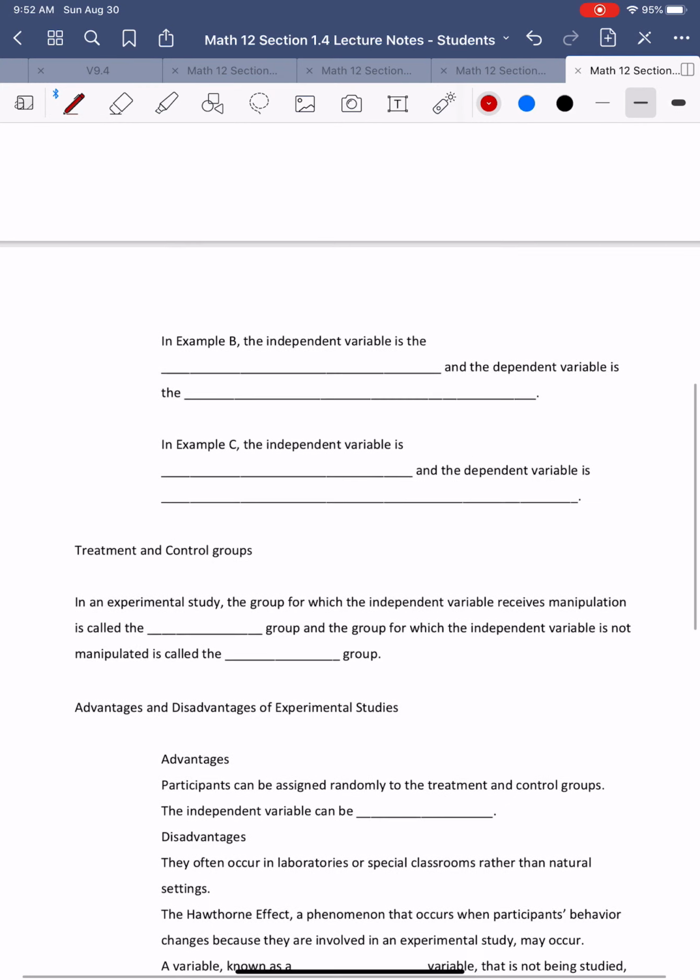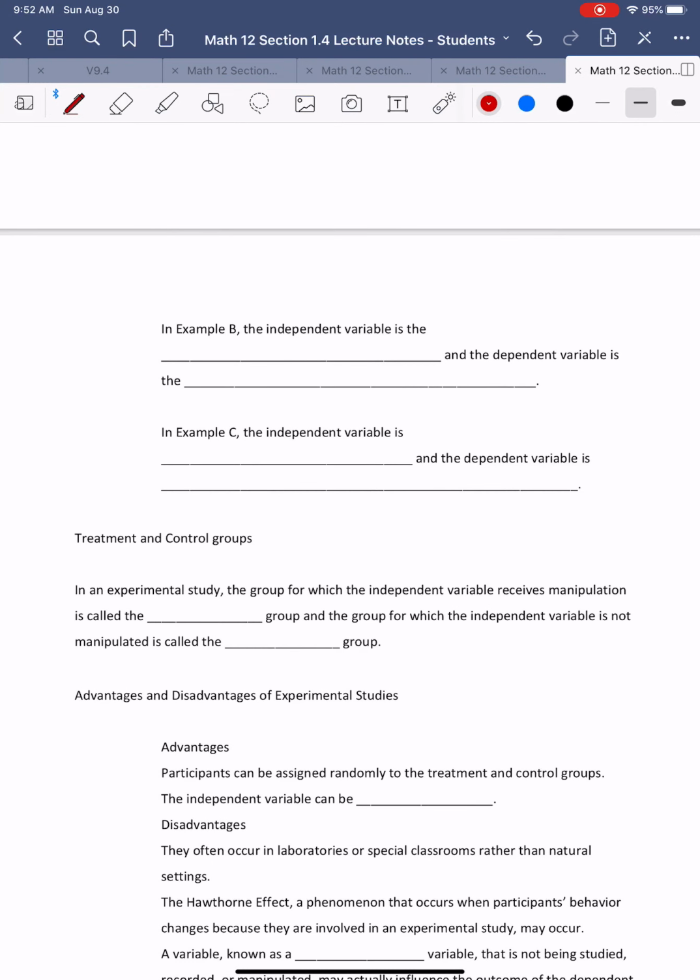So in example B, the independent variable is the treatment given to the groups of patients.